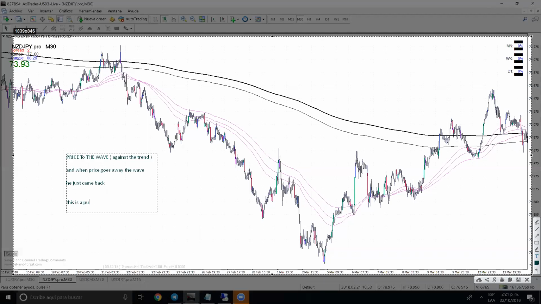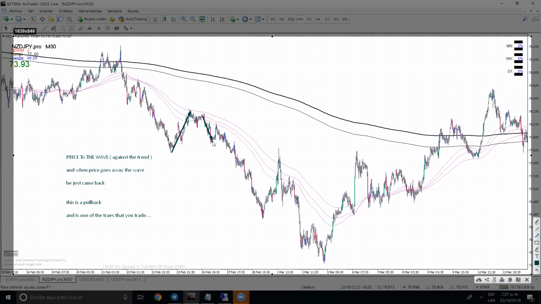This is a pullback and is one of the trades that you trade. Okay, we are in a downtrend. The price goes away to the top. Look at the distance from here, the distance is getting bigger, and suddenly the price needs to come back to the wave. Okay, came back to the wave.